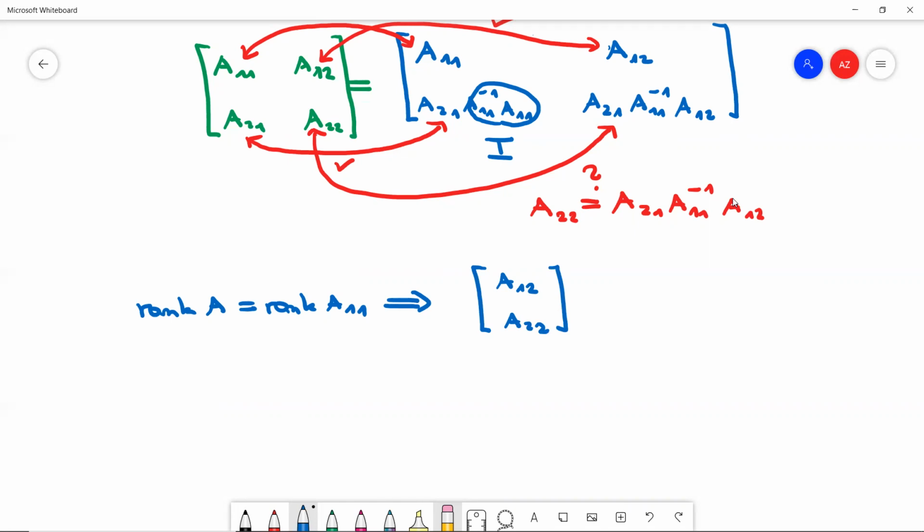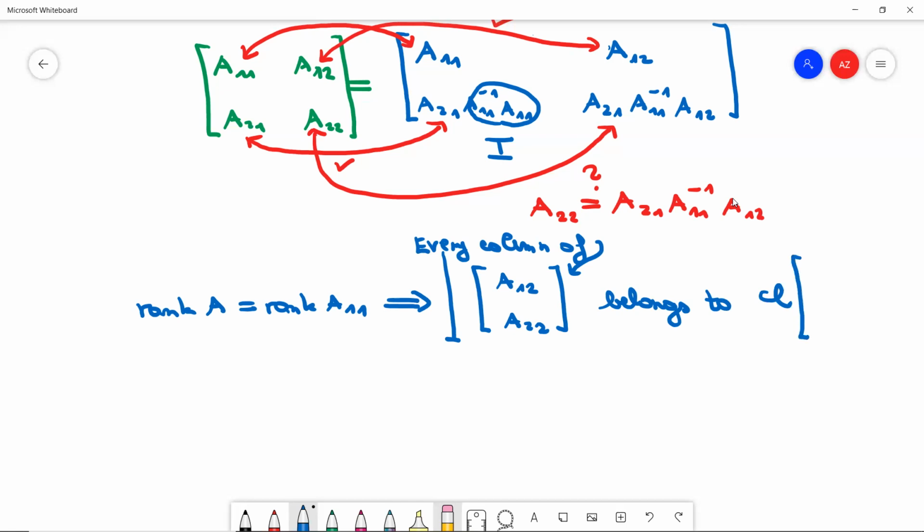So every column of this submatrix belongs to the column space of the submatrix A11, A21. So if the ranks are the same, then this has to be true.